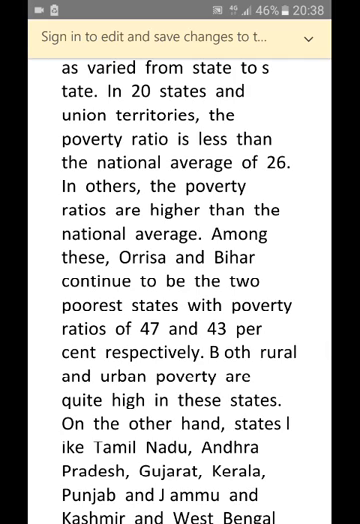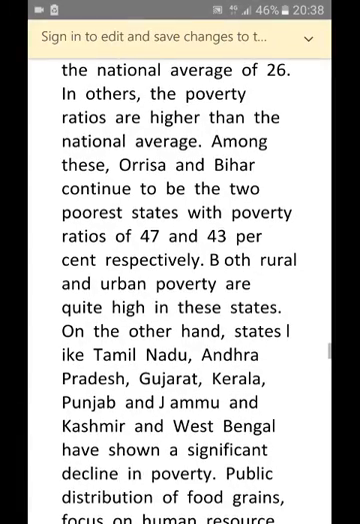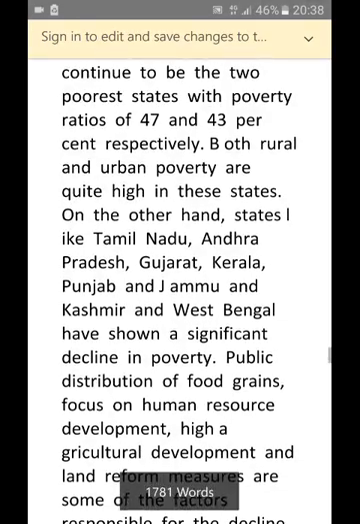Among these, Orissa and Bihar continue to be the two poorest states with poverty ratios of 47 and 43 percent respectively. Both rural and urban poverty are quite high in these states.